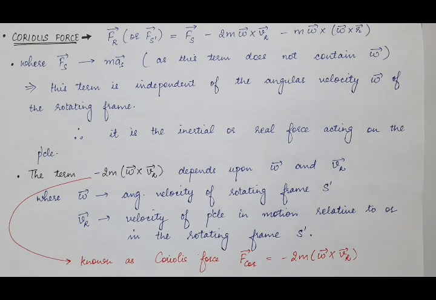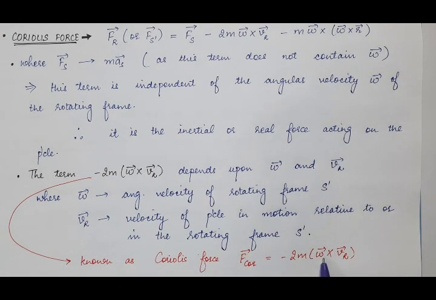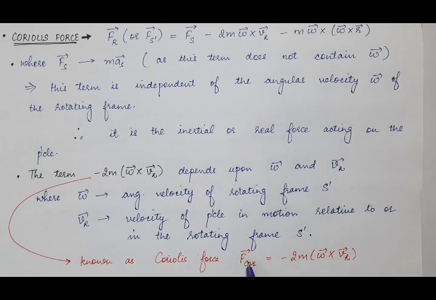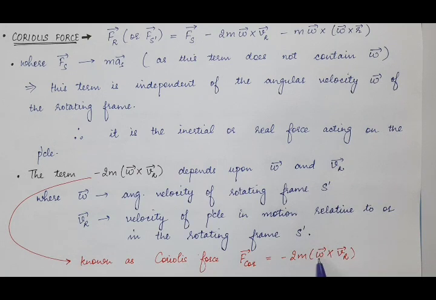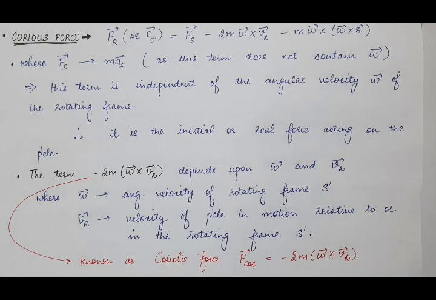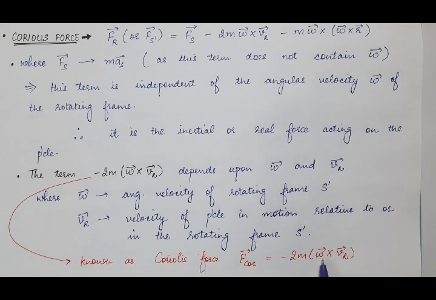Now as this Coriolis force depends upon omega, meaning it depends upon the angular velocity of the rotating frame S dash, it means this Coriolis force arises due to the rotation of the rotating frame S dash. What does this mean? If this omega vector is 0, it means the frame S dash is not rotating at all.